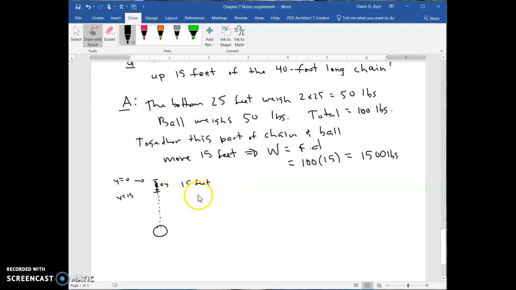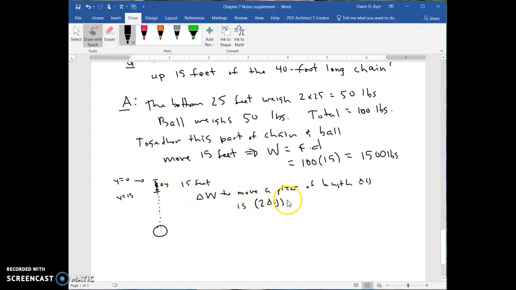And the work, we'll call it delta w, to move one piece of length delta y is the weight of the piece times its distance. Okay, and the weight of the piece is going to be 2 delta y because it weighs 2 pounds per linear foot, and the length is delta y feet.